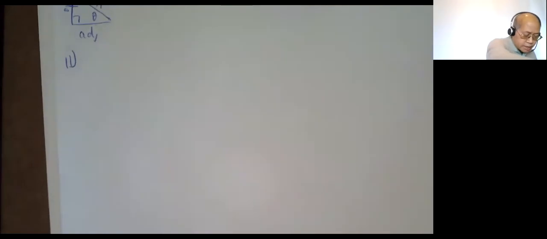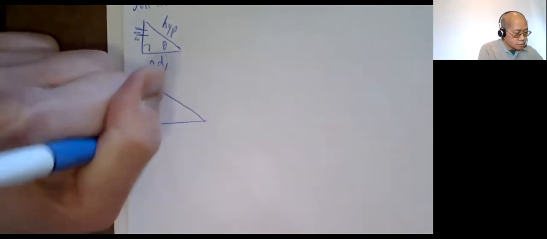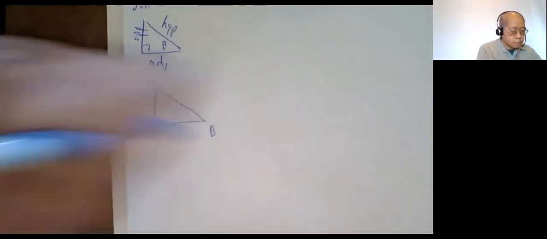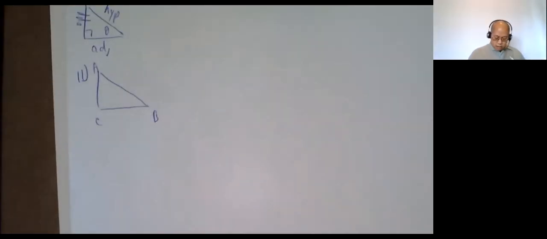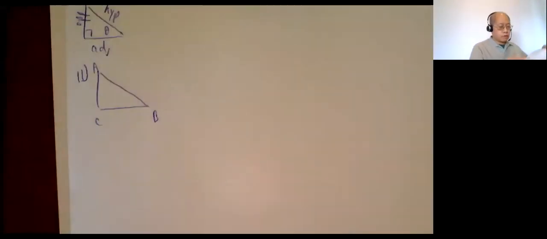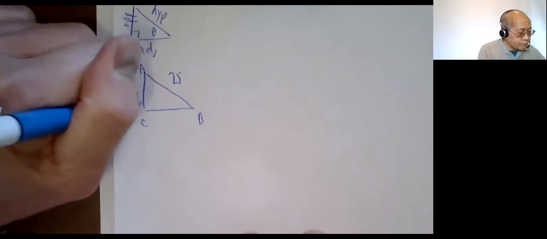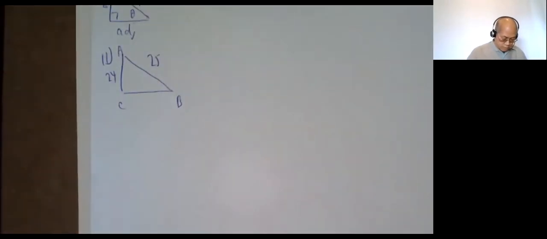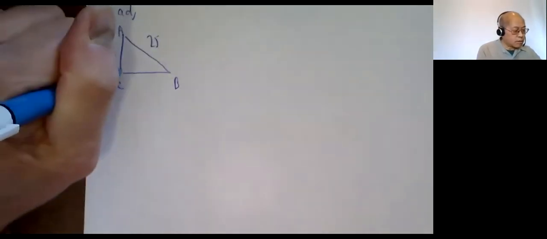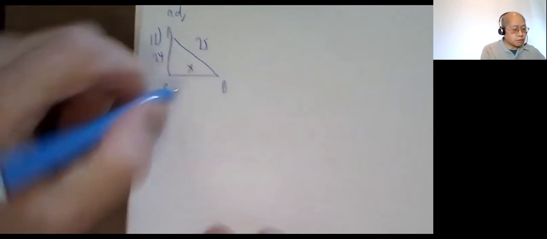You're given triangle ABC. Just do a quick sketch here. And then they tell me that the distance from A to B is 25 and from A to C is 24. AB is 25, AC is 24. Okay, so they don't give me BC, but I can figure it out. So let me call it X. Use your Pythagorean theorem.